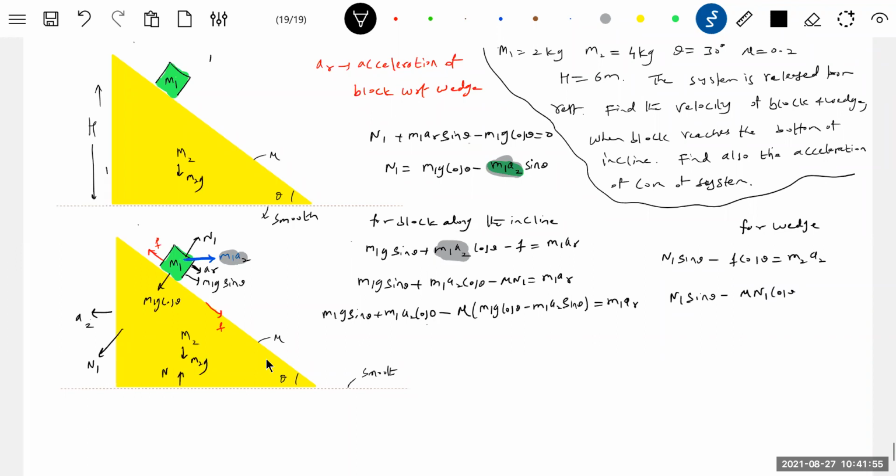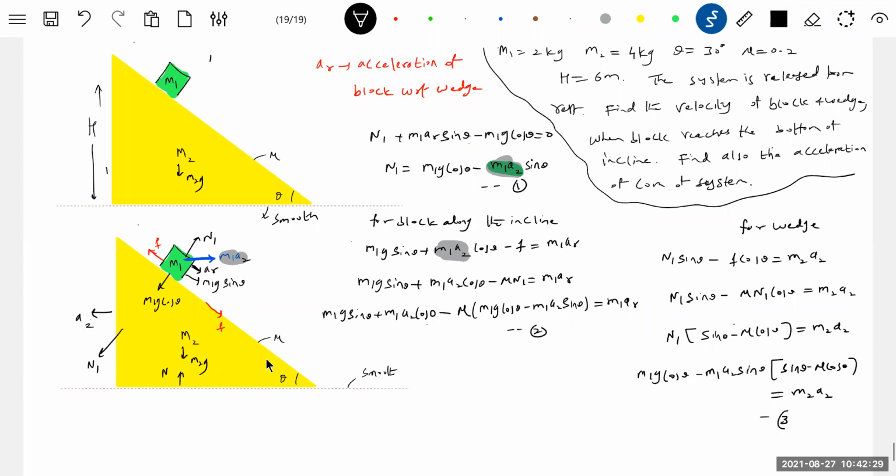Mu N1 cos theta. And N1 we have from the formula M1 g cos theta. These are some primary equations that we have, keeping them.